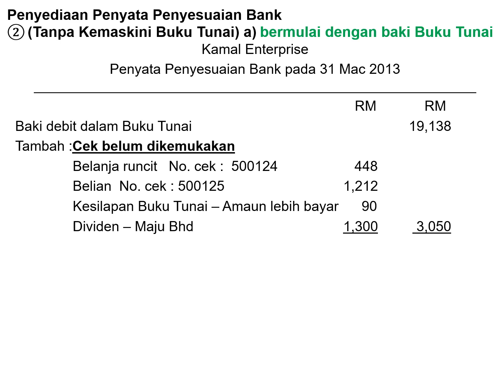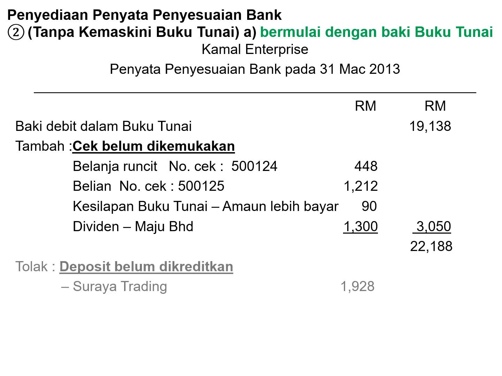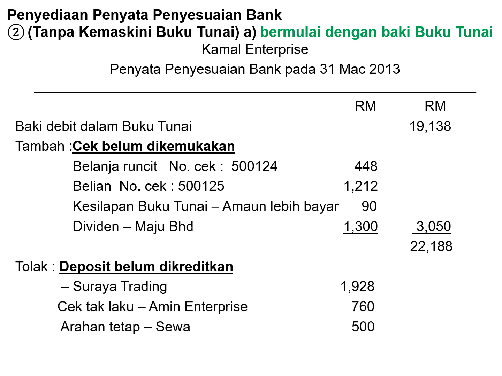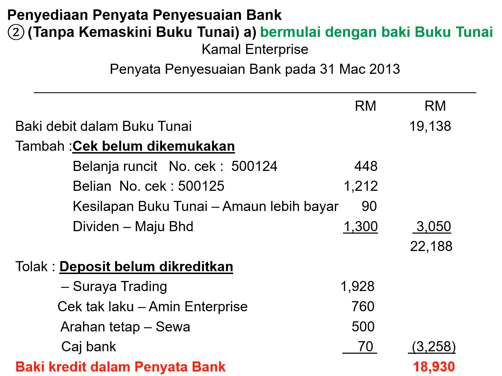The dividend, the amount overstated 90 ringgit， 所以你就加回去那些钱少了的，然后你再扣你的 deposit belum dikreditkan 那个钱多了的，你就再去扣 check tak laku 这种 sewa charge bank 你就全部一次个扣，所以到最后你要对到18930 which is the bank statement figure. If you start off with the buku tunai, you must end up with the Penyata bank figure.